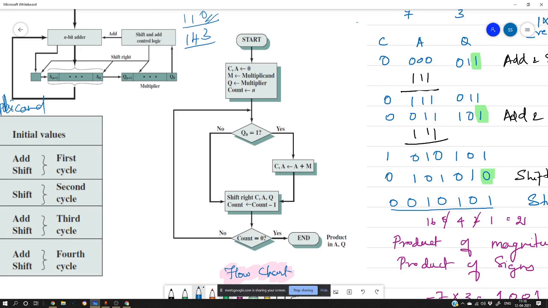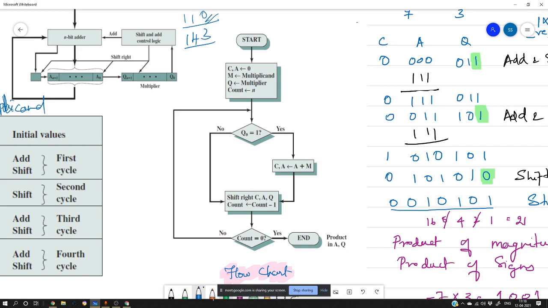So we're going to have the multiplier put in Q. And this count is going to tell us how many times we need to do the multiplication operation. It depends on the number of bits that the multiplier and the multiplicand have. If the multiplier has n bits, then you're going to have n multiplications done. If a multiplier has only 3 bits and the multiplicand has 4 bits, then to adjust, we just make it 4.